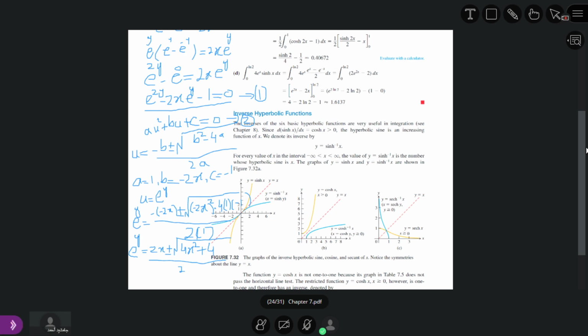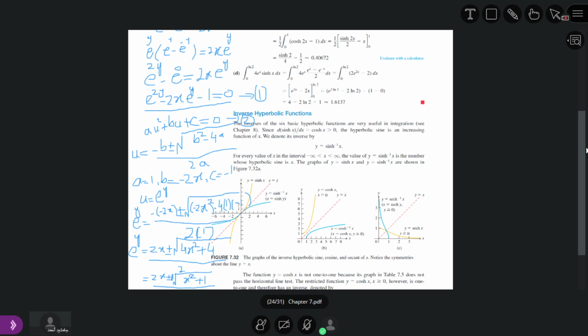So I write here 2x plus minus 2 square root of x square plus 1, divided by 2.